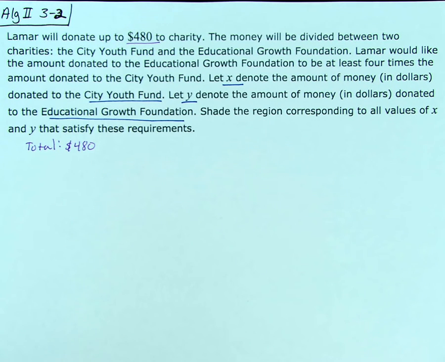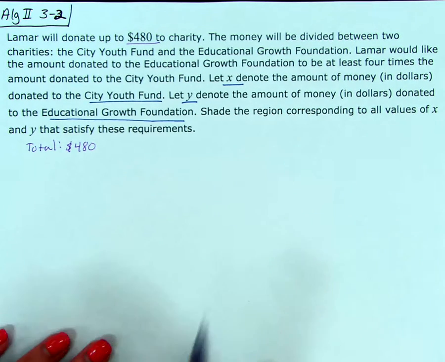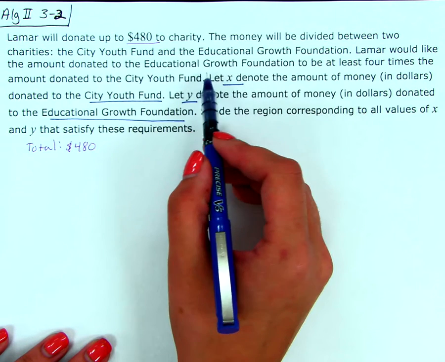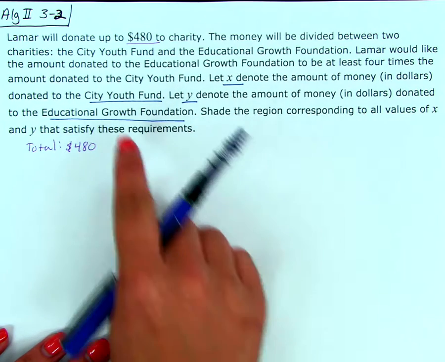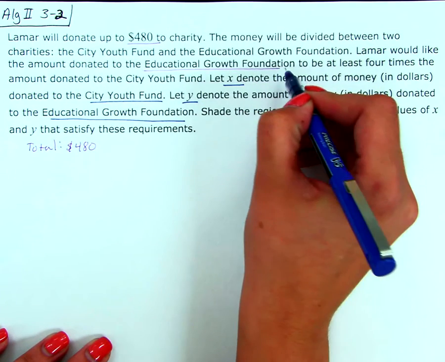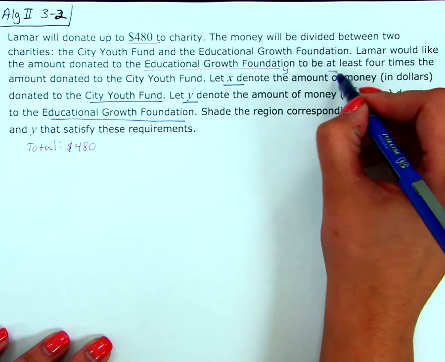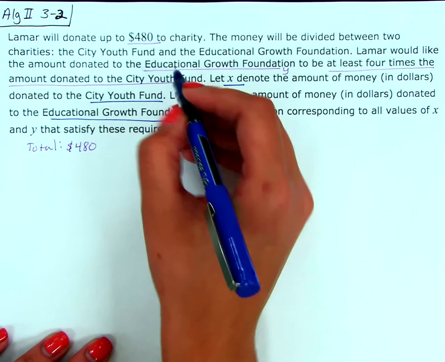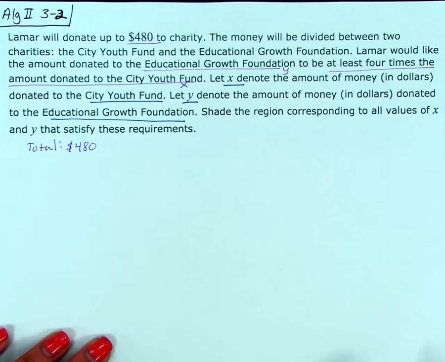And then Lamar would like the amount donated to our Educational Growth Foundation, so again, that one was represented by Y, and it has to be at least 4 times the amount donated to the City Youth Fund. So that was our X.